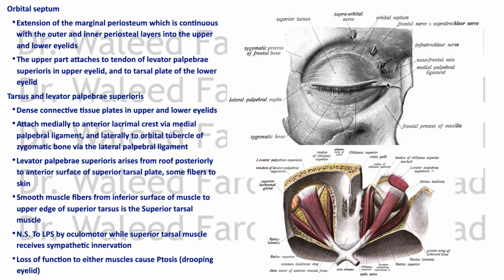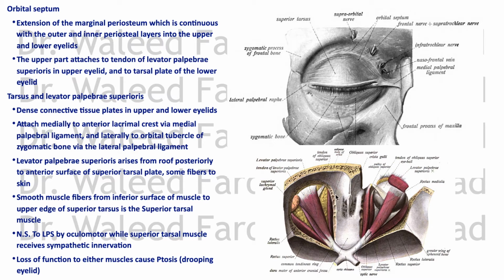The medial palpebral ligament is attached to the anterior lacrimal crest, because we will encounter a check ligament which is attached to the posterior lacrimal crest. There is a difference between the two structures. Okay, so this is about the tarsus. The levator palpebrae superioris muscle is one of the extraocular muscles, and it's the most superior of them all.